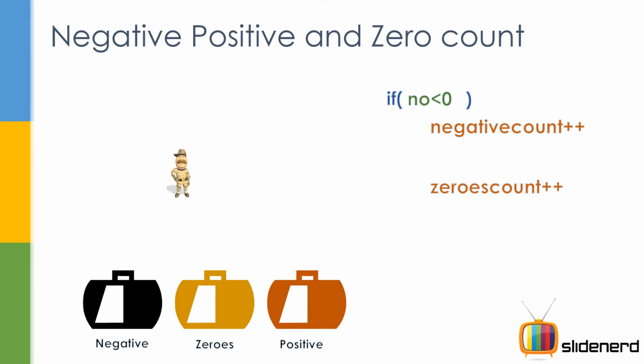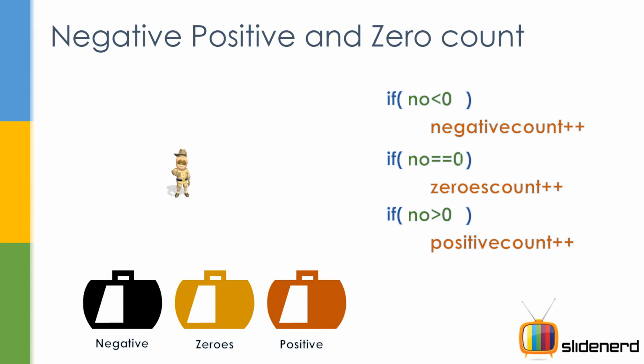Same way, we have a zeros count, that is the number of elements in the zeros bag. Every time you have a number which is 0, you simply increase the count by 1, right? So again, you have an if statement, you say number is 0, then increase the count by 1. Same way for the positive, increase the count by 1 every time you find that a number is positive, or in short, the number is greater than 0.